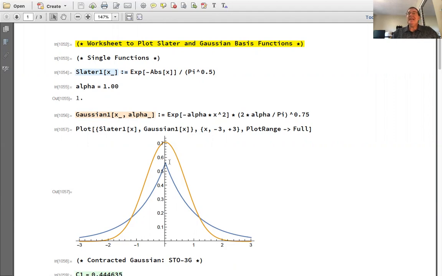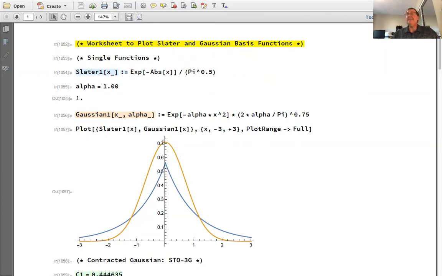So the Gaussian will decay more rapidly as a function of distance away from the nucleus, because once you get past 1, x squared is bigger than x. And so it decays quite rapidly here. The other difference you see is that the derivative of this function at the nucleus is zero.